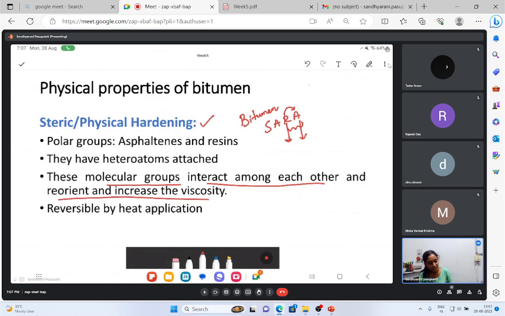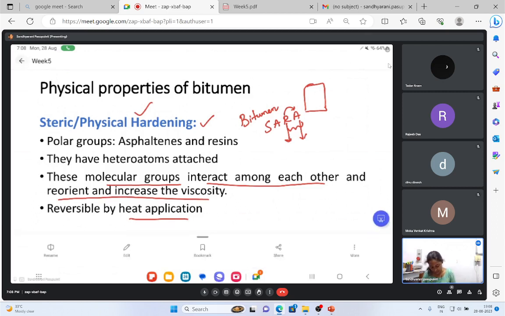Every time we take out the bitumen from a bigger drum, what we do initially is heat the bitumen, not to very high temperatures, but to, let us say, mixing or working temperatures. When you heat this bitumen, this physical or steric hardening is usually reversible. That means whatever the initial orientation of these SARA fractions in the bitumen, they will come back to the original condition. So this physical hardening is not a problem.